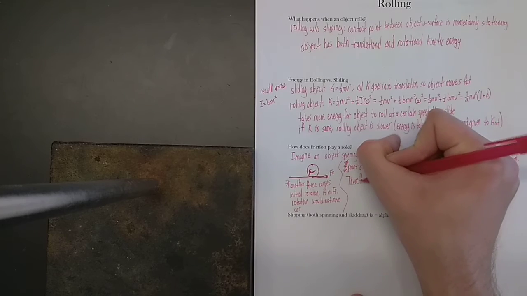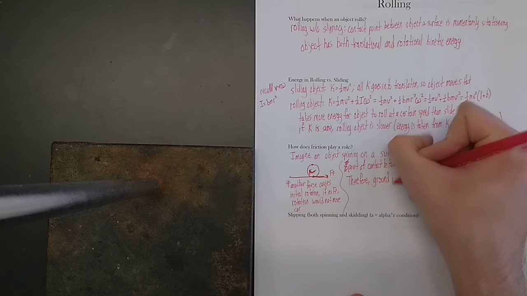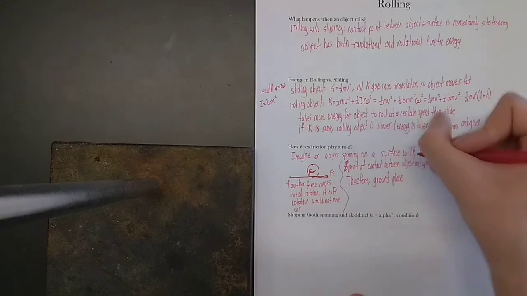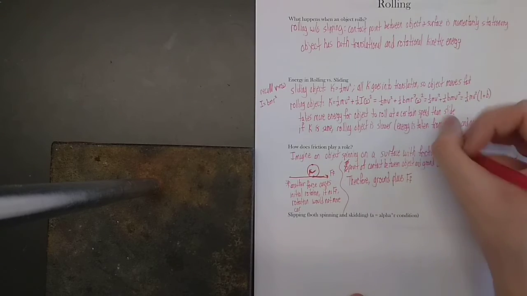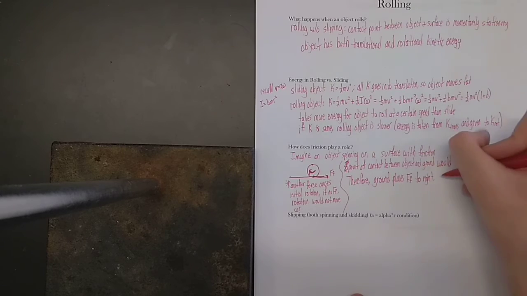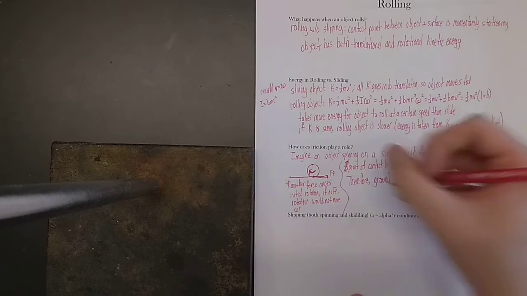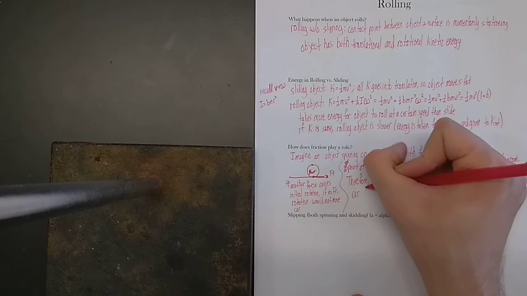Therefore, since there's friction, the ground places F_f to the right. It's actually friction that propels the car forward.